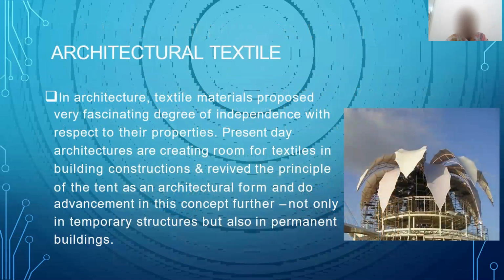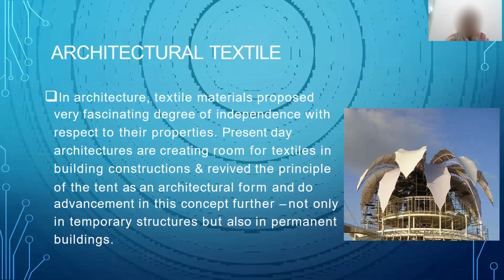Next one is the horticultural textile. It generally refers to structural fibers used to form tensile surfaces such as canopies, roofs, and other forms of shelter as well. In horticultural textile, materials offer a very fascinating degree of independence with respect to their properties.